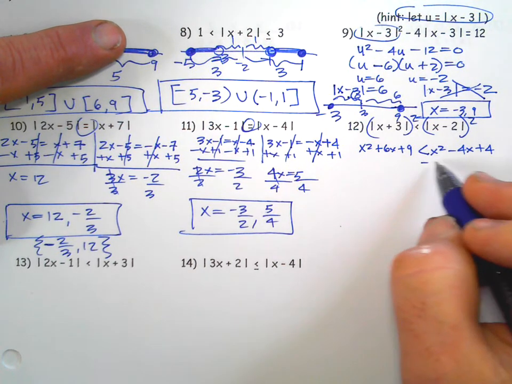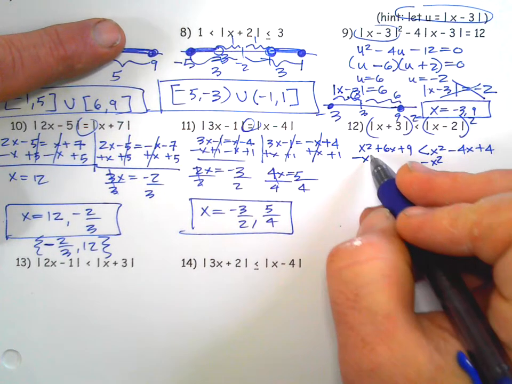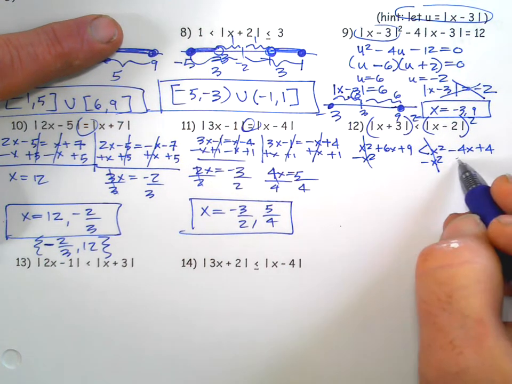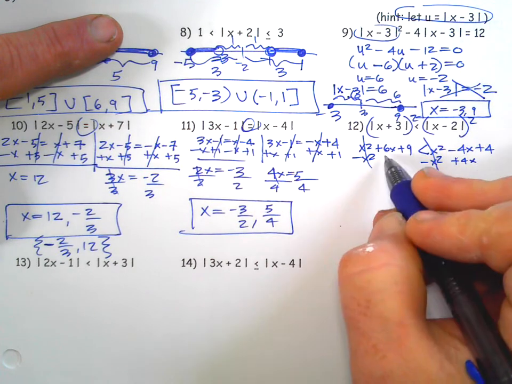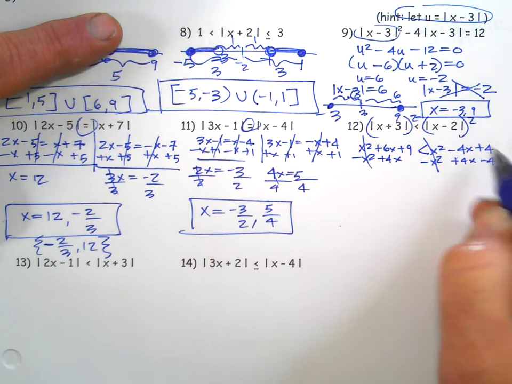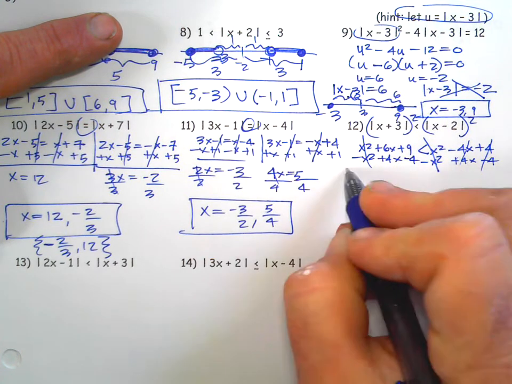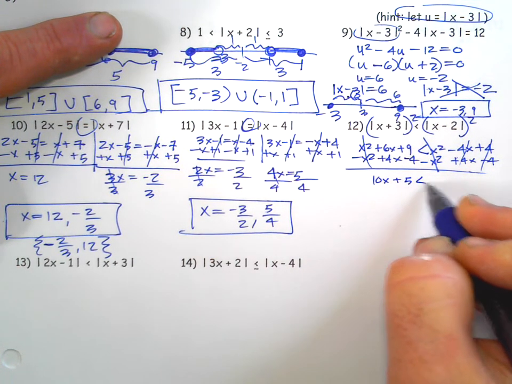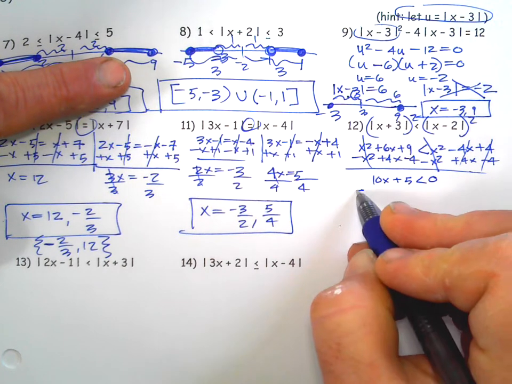So you want to get everything on one side. Well, you might decide not to because the squareds drop out. I mean, you could keep going, but at this point it's a linear inequality. So you might just go with getting the x by itself. But this would be 10x plus 5 is less than 0. And you could do the whole line check thing.